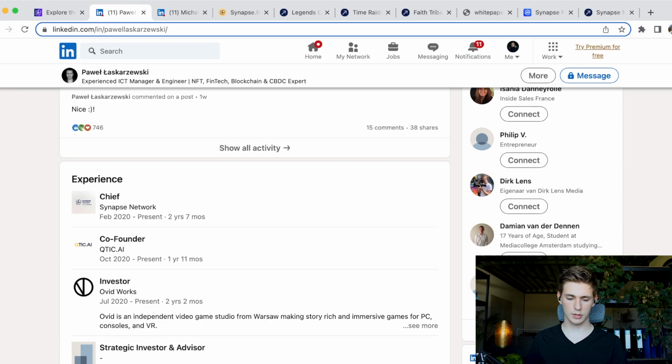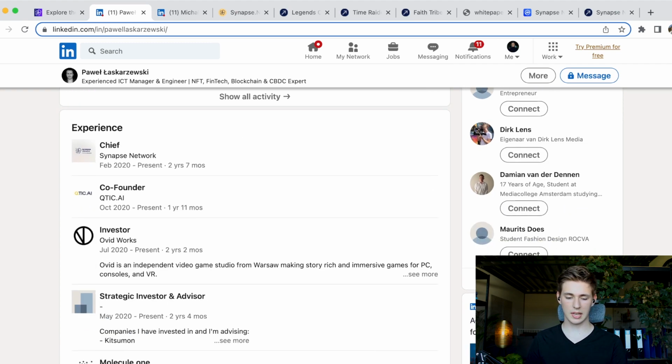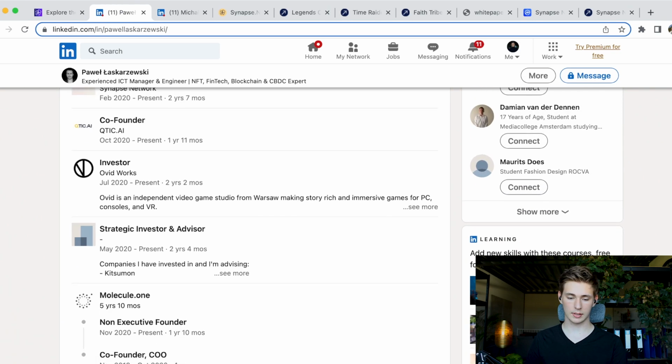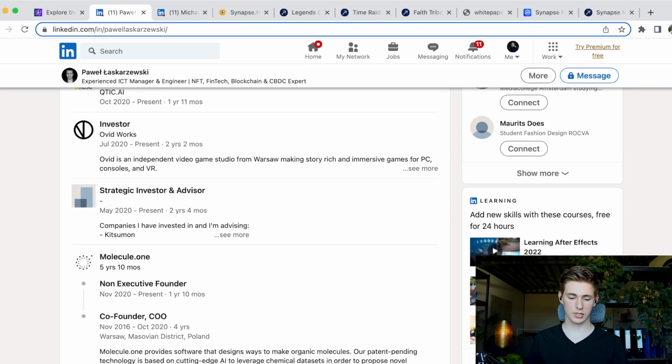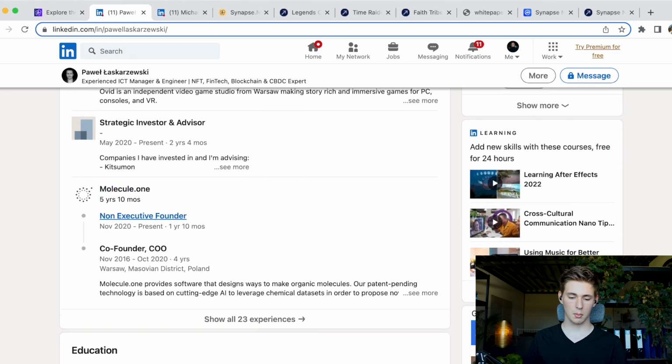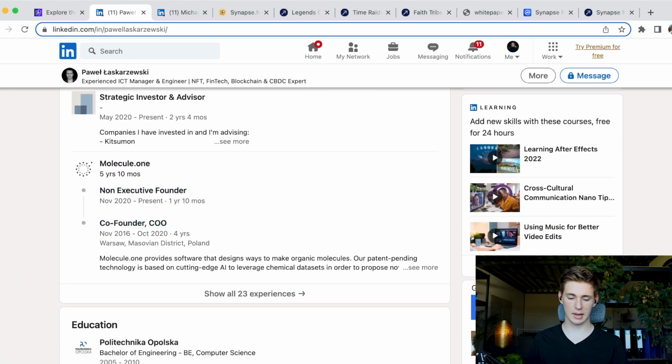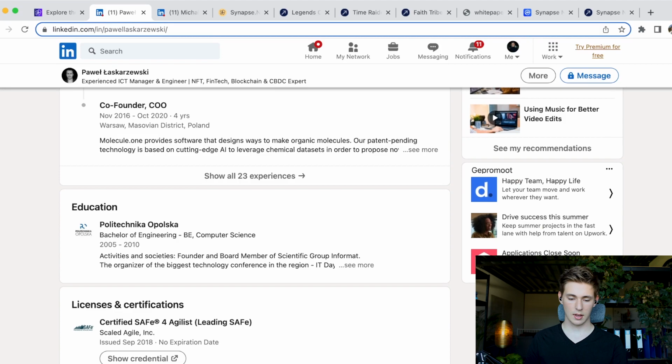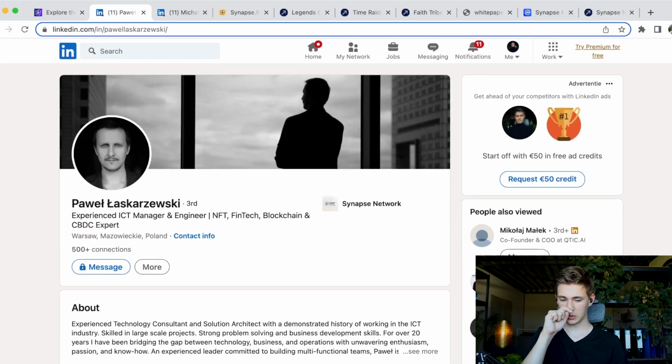He's been chief at Synapse Network since early 2020, co-founder at QTech, investor at Ovidworks, a strategic investor and advisor over here, Molecule.1 for 5 years and 10 months. And he has a Politechnika Opolska degree, which is a bachelor's in engineering and computer science. So definitely the right type of experience and the right type of degree, fully doxed, active, definitely a real account.